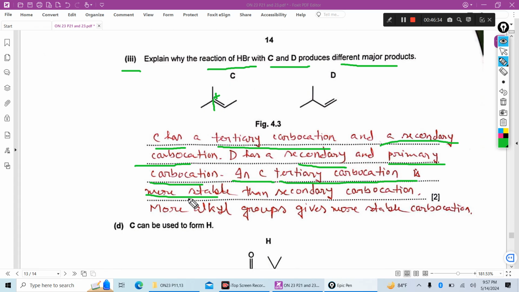Why is the tertiary carbocation more stable? Because more alkyl groups give a more stable carbocation. If more alkyl groups are attached to the carbocation, that carbocation becomes more stable. That's why different major products are produced.